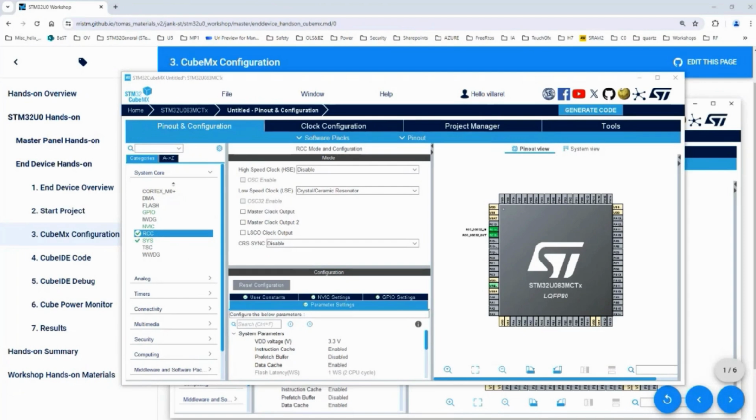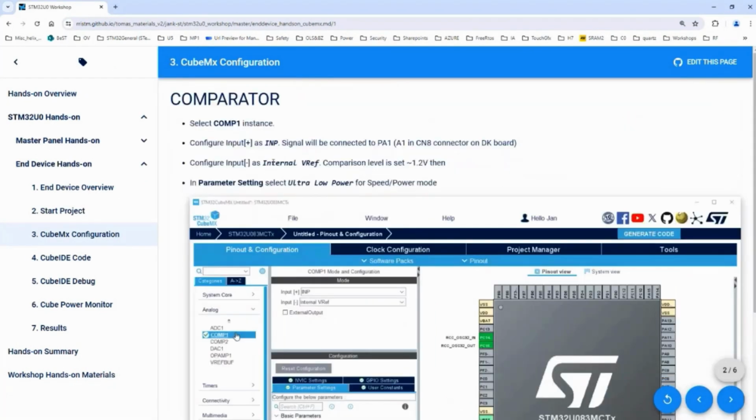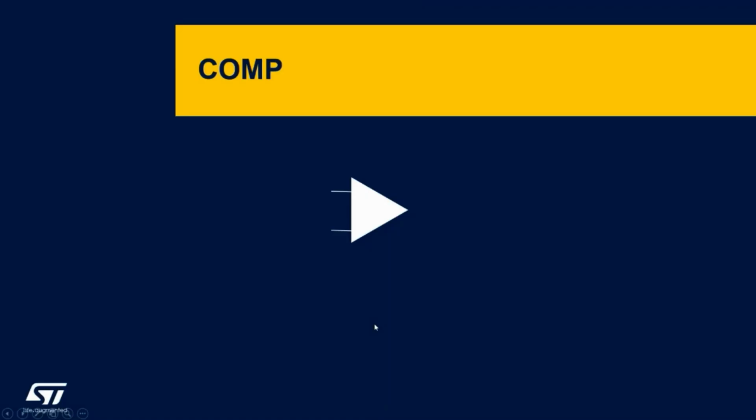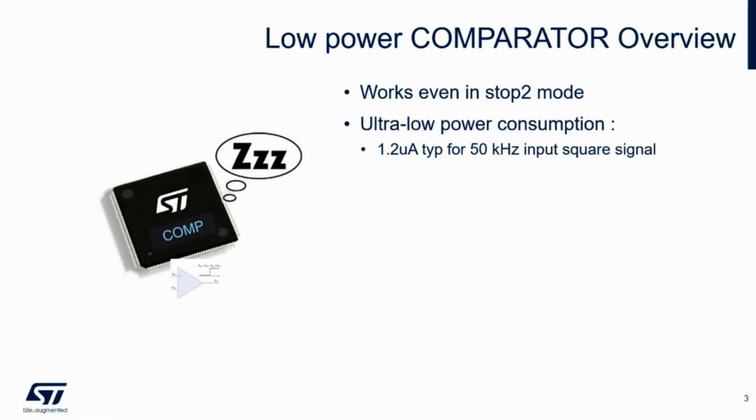And now I will switch to the ultra-low power comparator. Just to explain a bit what this ultra-low power comparator is, I have prepared a summary of the advantages of this component and how it works.